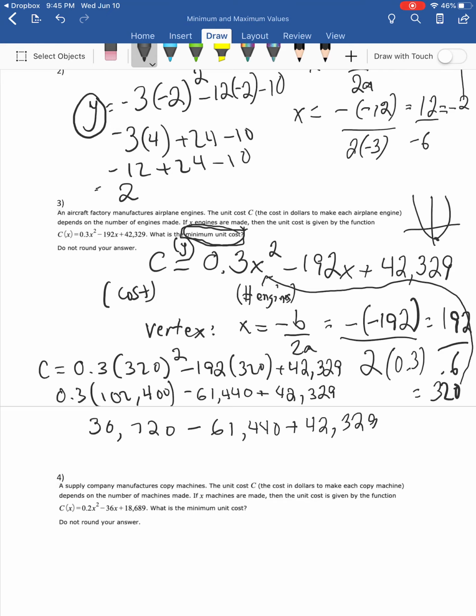So that's negative 30,720 plus 42,329. 42,329 minus 30,720. I get $11,609.